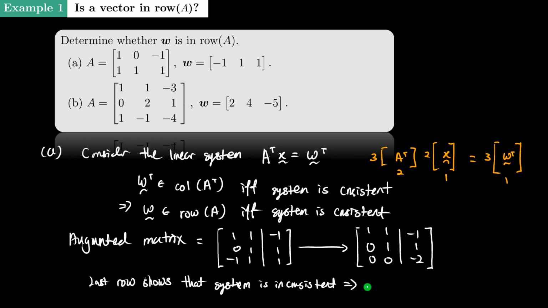So this implies that W does not lie in the row space of A. So that is the answer for part A. Now take note that this is the row echelon form, not the reduced row echelon form. You do not need the reduced row echelon form to determine whether the system is inconsistent or not. So typically we stop at the REF, row echelon form.